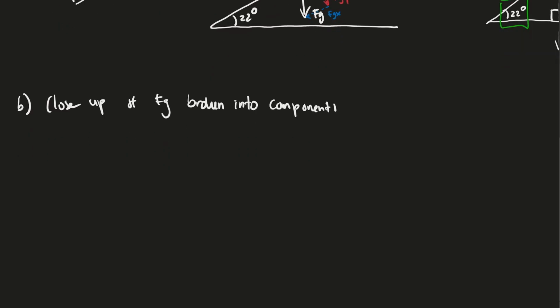So we have our Fg, like so, straight down. And then this is our Fgy, and this is now our Fgx.